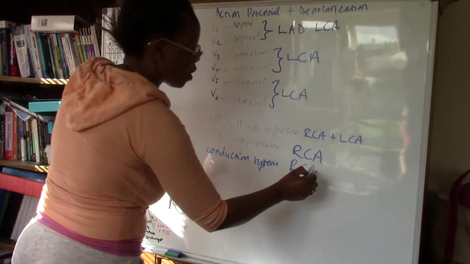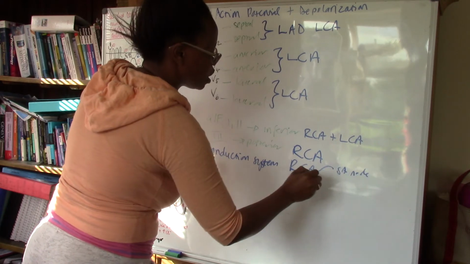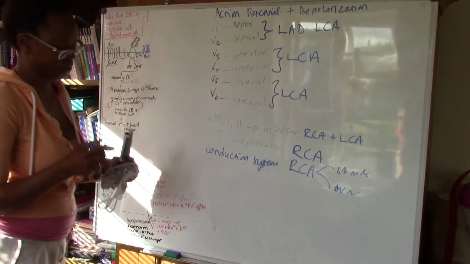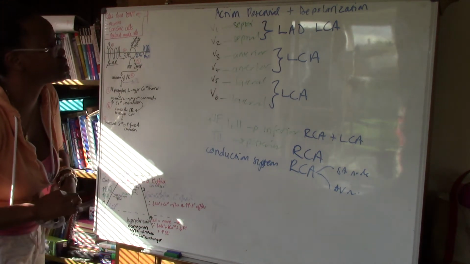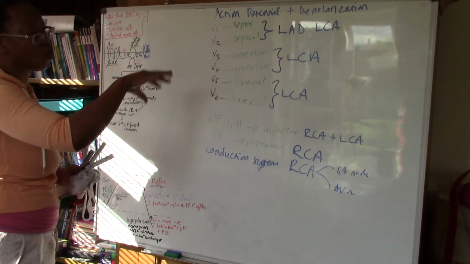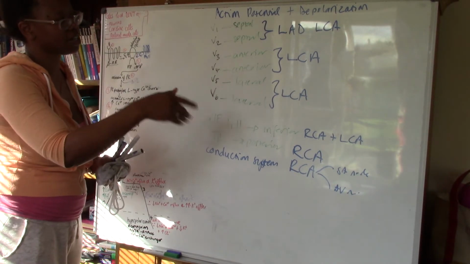It gives off branches to the SA node and gives off branches to the AV node. So yeah, that's the other important thing about ECG, to then match them back with the coronary arteries that supply them.